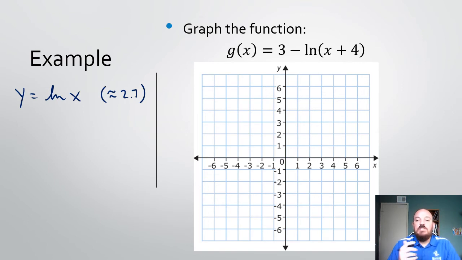Now, I do have a reflection here. We have 3 minus natural log of x plus 4. That's like having 3 plus -1 times natural log. So that negative right there is going to be a reflection. We're going to take our graph and reflect it.